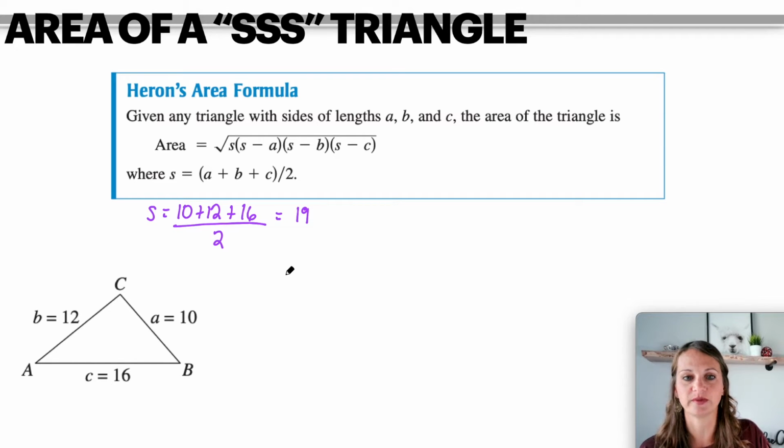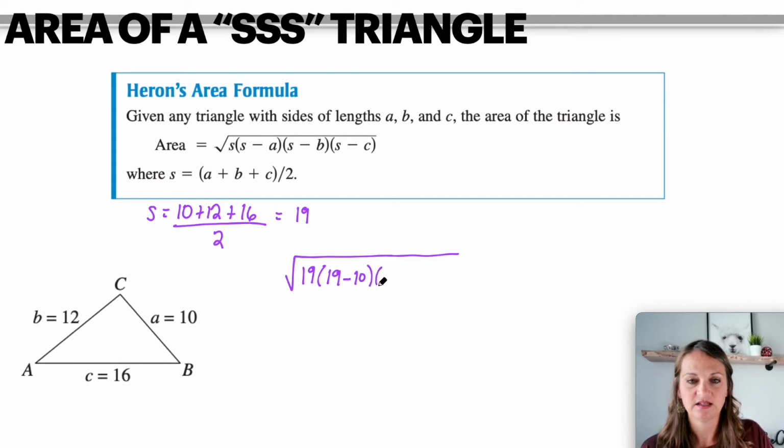Now we can plug into the formula. The formula is the square root of 19 times (19 minus a) times (19 minus b) times (19 minus c). We can either put that whole thing in the calculator or we can clean it up. 19 minus 10 is 9, 19 minus 12 is 7, and 19 minus 16 is 3.